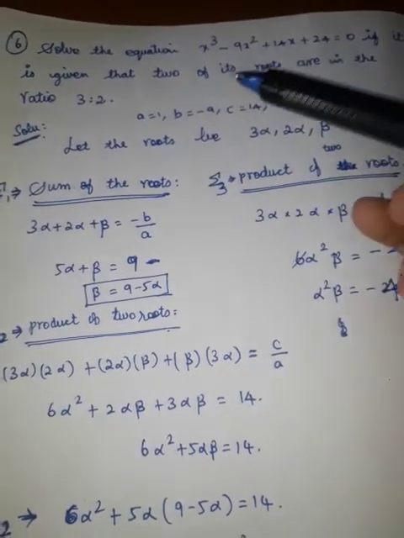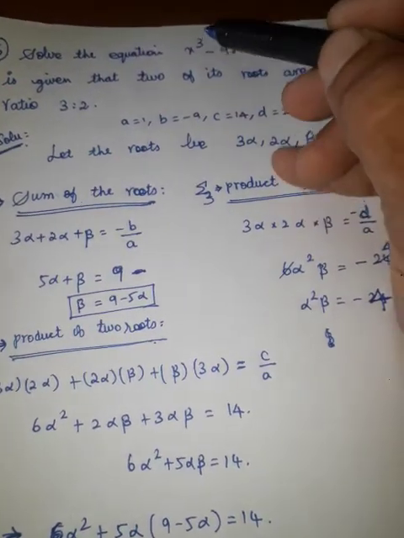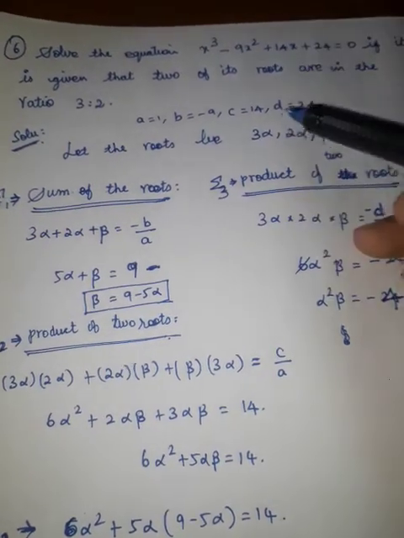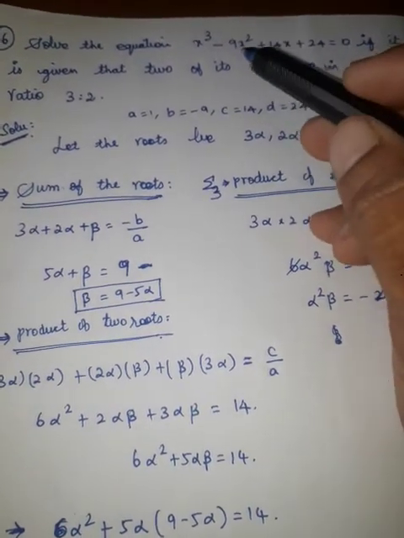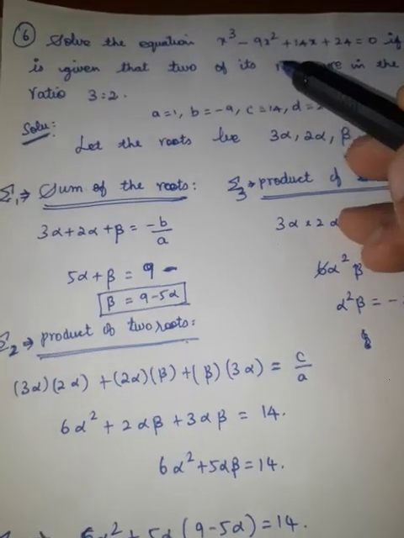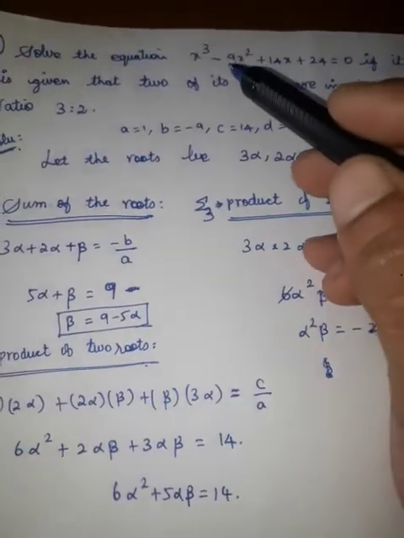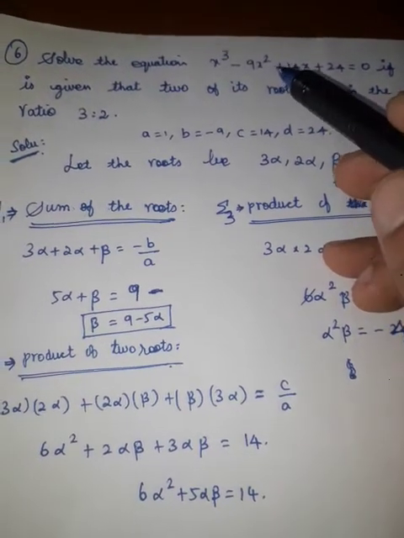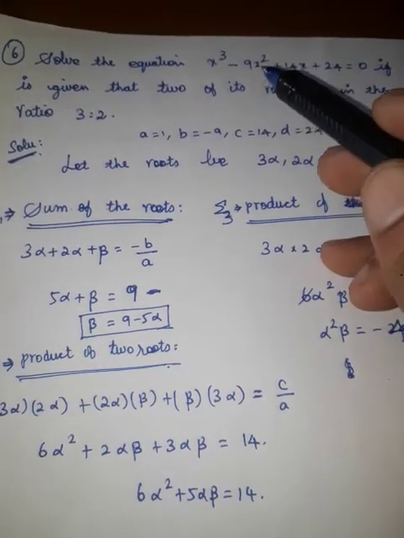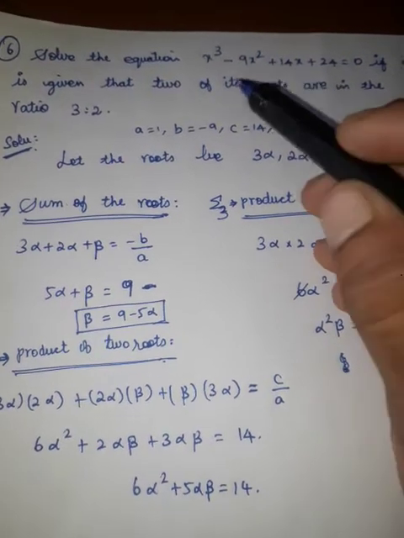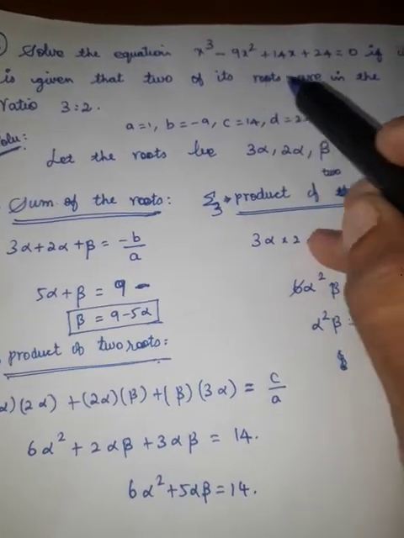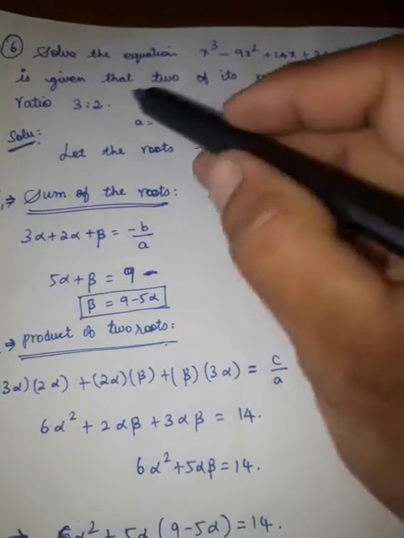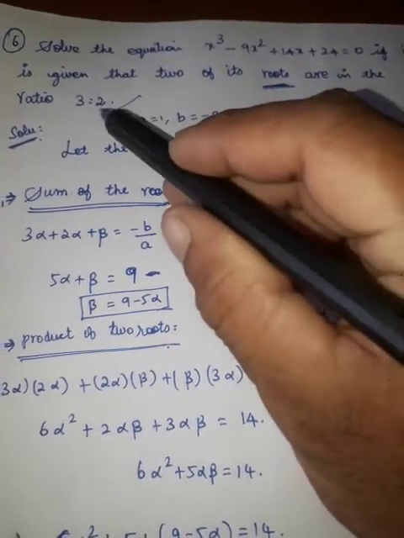So this is a cubic equation. We can consider three roots of the given equation, alpha, beta and gamma. Usually we take alpha, beta, gamma only, but here the ratio of two roots is given.